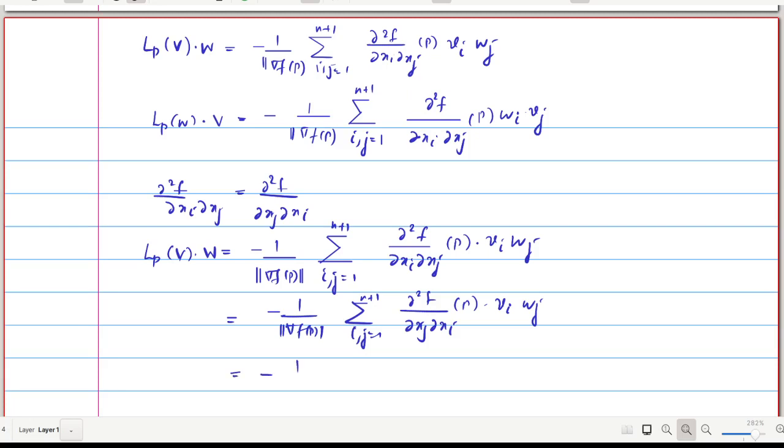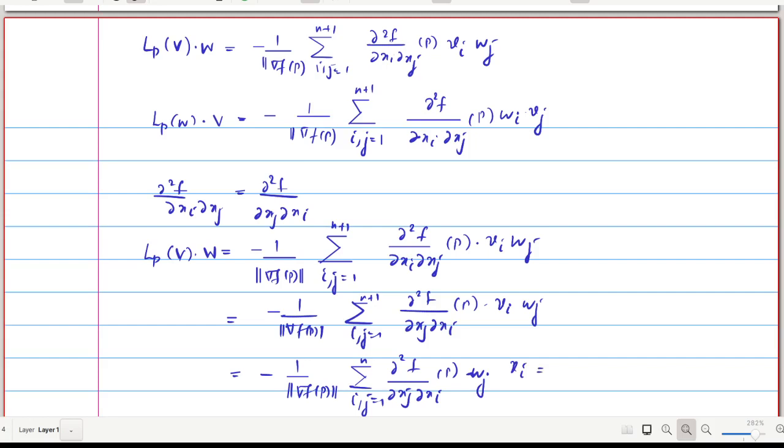That is equal to minus 1 by norm del f of p, summation i comma j equal to 1 to n plus 1, dou square f by dou xj dou xi of p. This can be written as wj and vi. This is vi here.